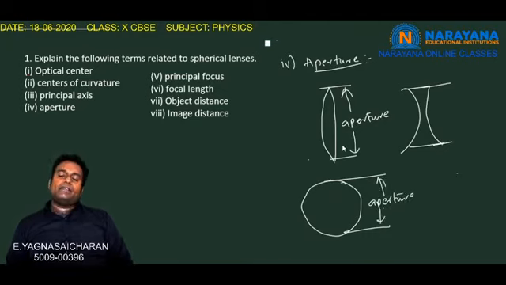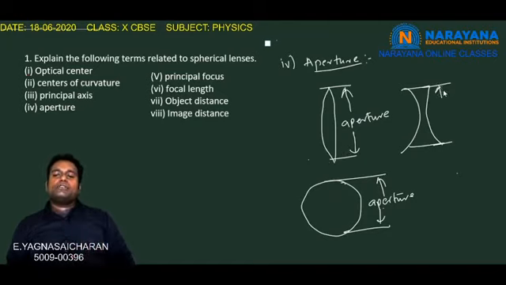So the lens with more aperture allows more light to pass through it, so the intensity of light passing through that lens will be more. The aperture increases the amount of light that is passing through the lens. So aperture also determines the size of the lens.